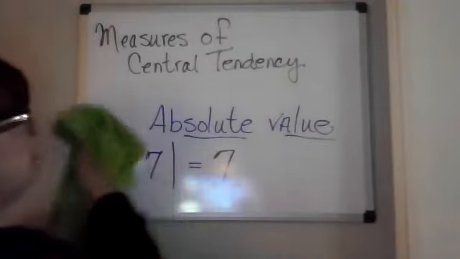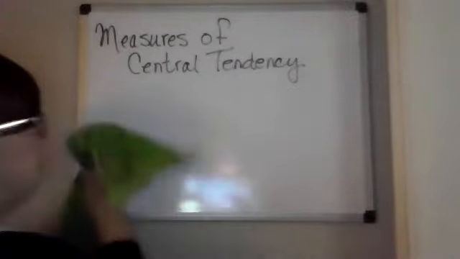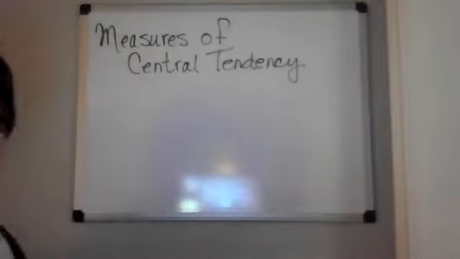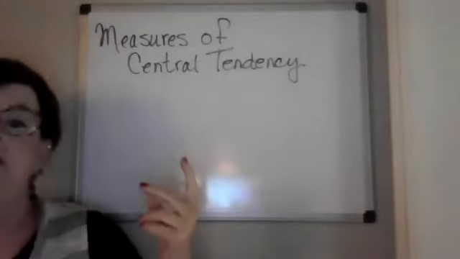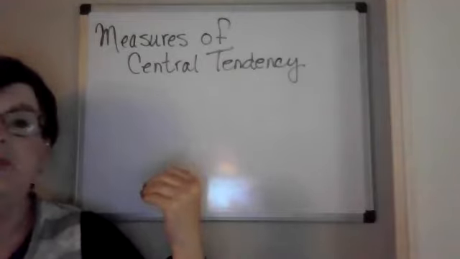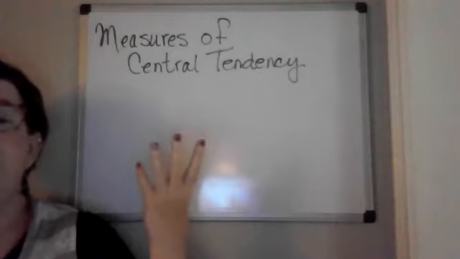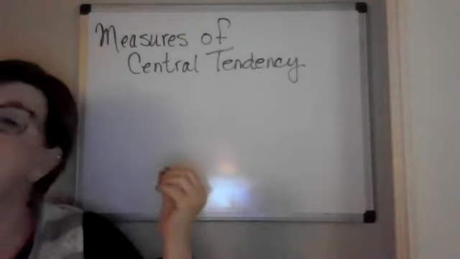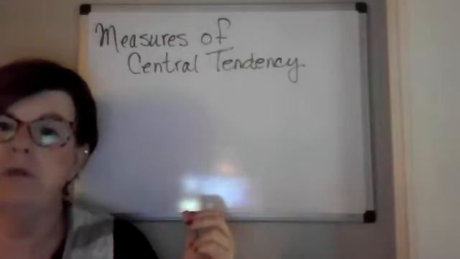Okay, so we're going to start measures of central tendency. I will repeat myself because I don't know if I did it on the recording. Measures of central tendency is a short lesson, and you will probably begin to recognize it as I start to put the words up here. I went for the shorter lesson today because our lesson yesterday on negatives and positives is so very important.